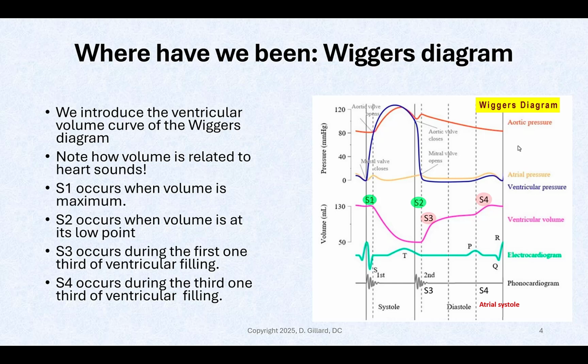We also got into this dreaded thing, the Wigger's diagram. We didn't go through all of it, but we looked at the ventricular volume curve of the Wigger's, and this is actually 2 beats of the heart. If you follow this pink volume curve, the volume of blood in the left ventricle, right here at the start of S1 the ventricle is filled up completely, 130 milliliters of blood.